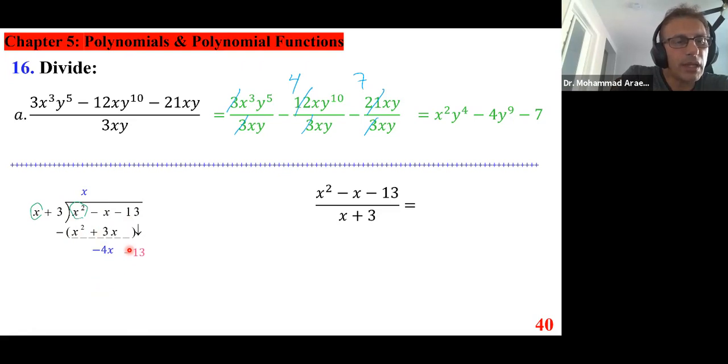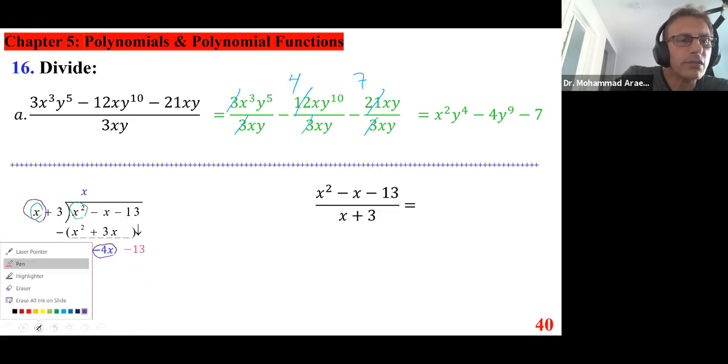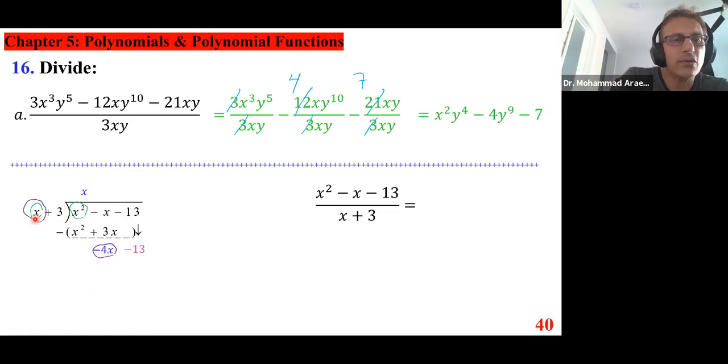And we do the same thing again. We divide the first term by the first term: negative 4x divided by x is negative 4, and we put it up here. Now we multiply the negative 4 by every term in the divisor.